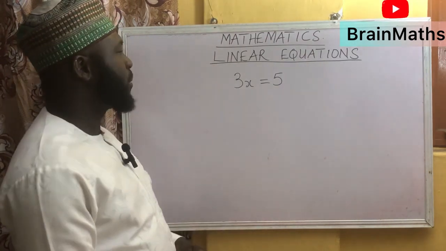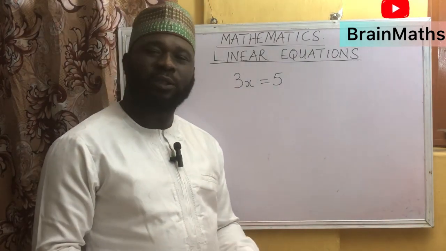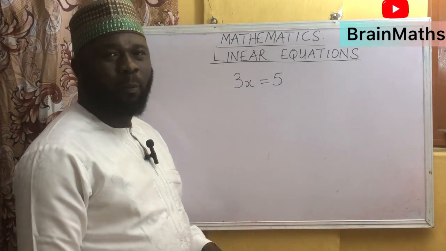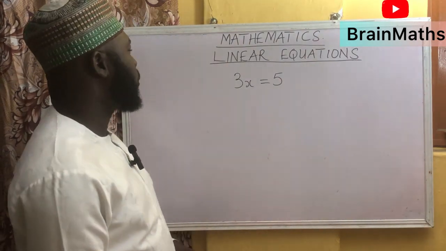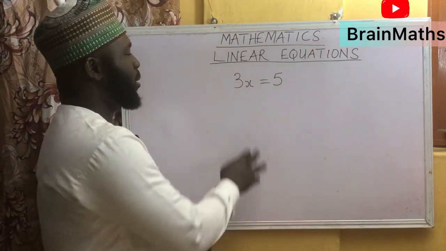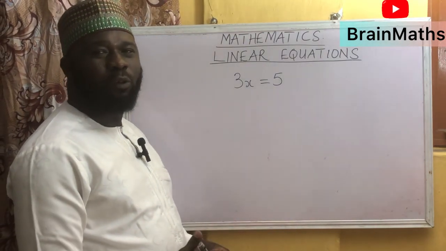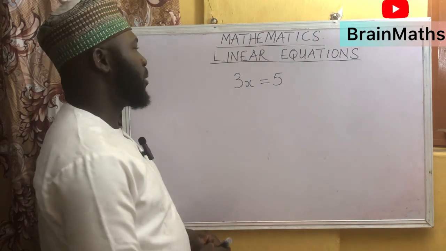So we have different types of equation. The first type of equation is a linear equation. A linear equation is an equation where the highest power of the unknown is 1.